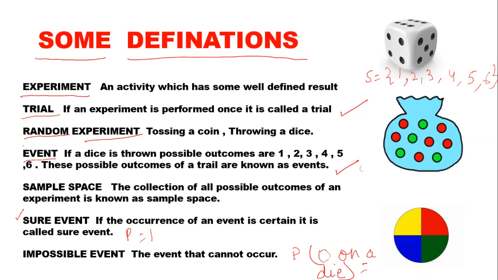It is equal to 0. When it is a sure event, we write its probability as 1, and when it is an impossible event, which cannot happen at all, we write its probability as 0, students. Are you clear? Can we move on?